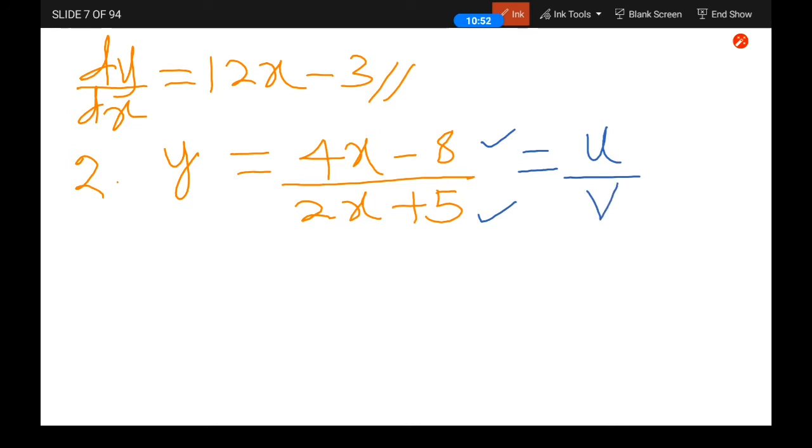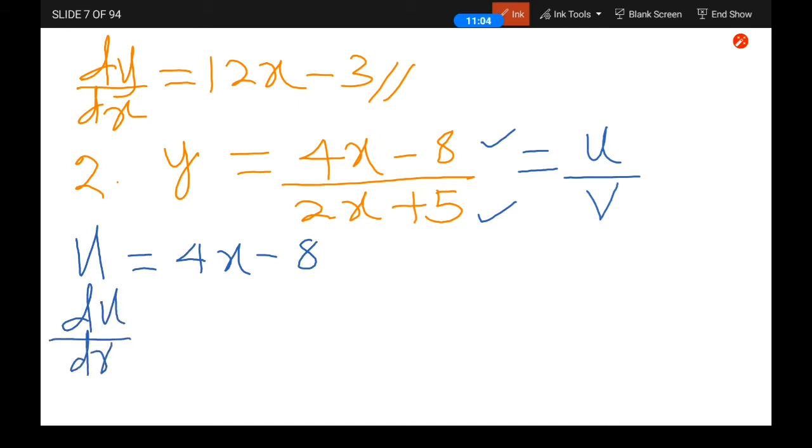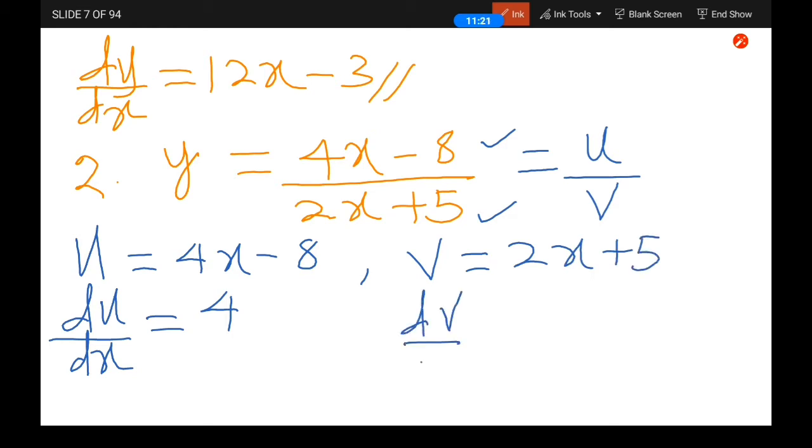That means I have u as 4x minus 8. So du dx, please follow me, if we differentiate 4x, you get 4. If we differentiate negative 8, you get 0. And v equals 2x plus 5, so dv dx gives us 2.